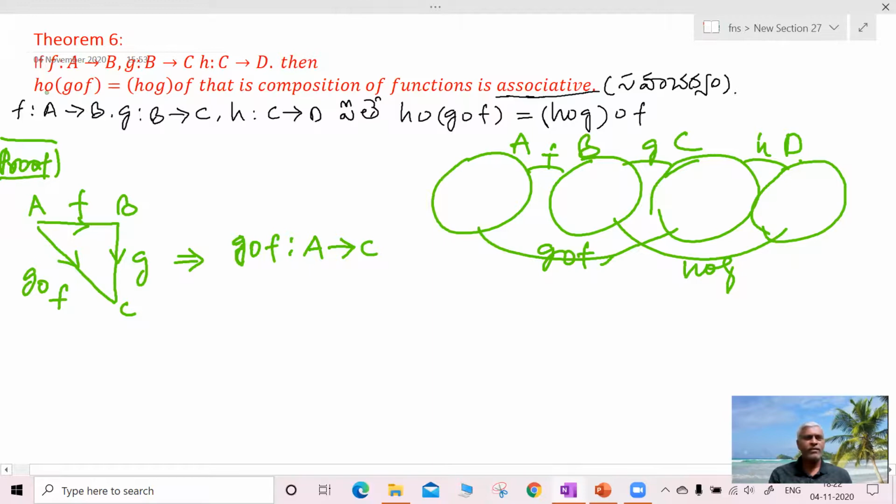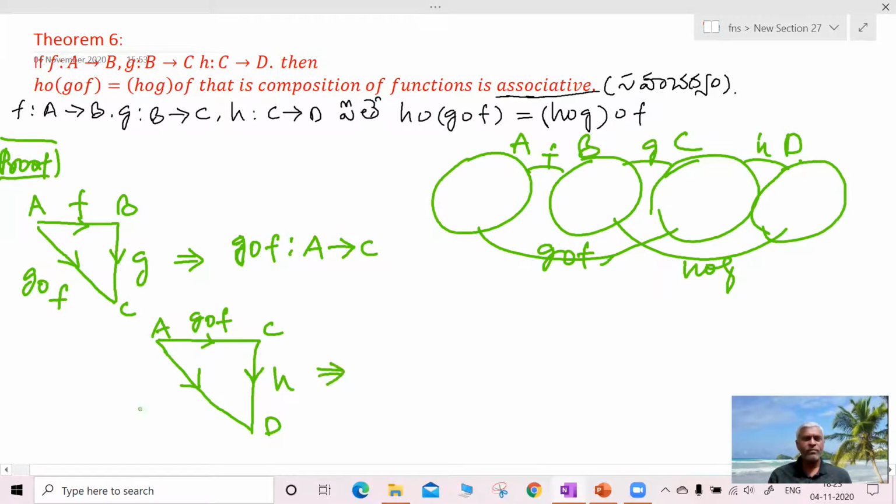Now let us find H circle G circle F. Take H and G circle F. G circle F is a function from A to C, and H is a function from C to D, given in the theorem.